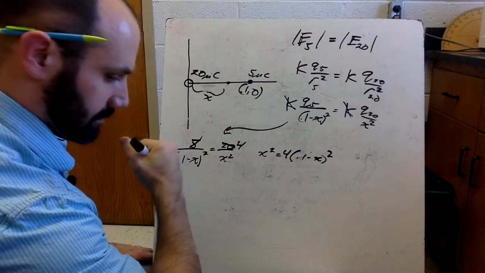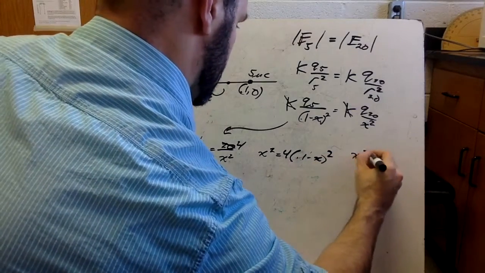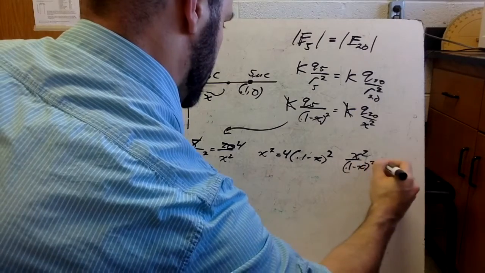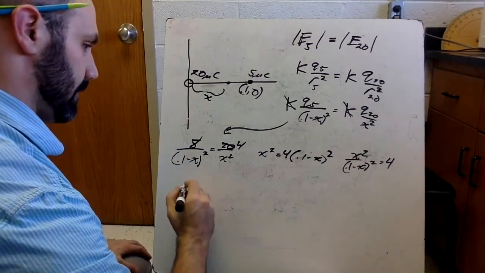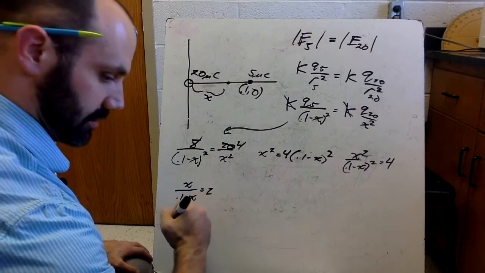Then put this under here again. So let's do x squared over 0.1 minus x squared equals 4. Now we'll take the square root of everything. We end up with x over 0.1 minus x equals 2.